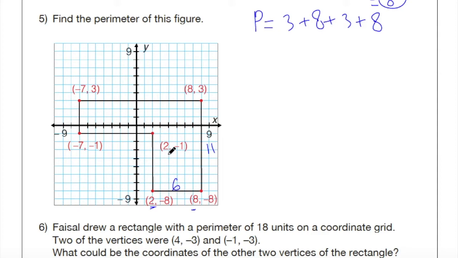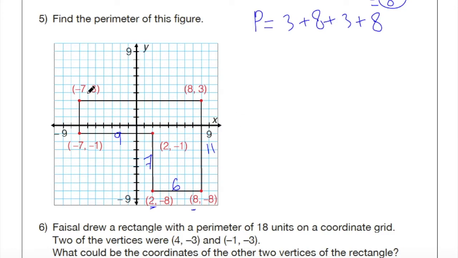Here we have -1 and -8, which have the same sign, so we're going to subtract absolute value of -8 minus absolute value of -1, which is 8 minus 1 equals 7. And here we have 2 and -7, which have different signs, so it will be absolute value of 7 plus absolute value of 2, which is 9.